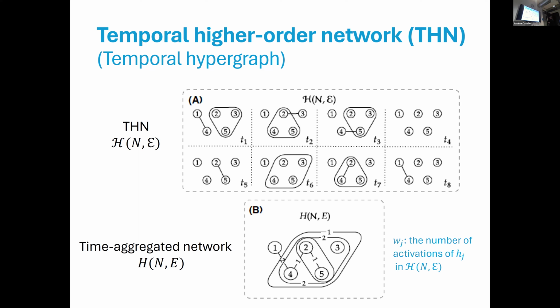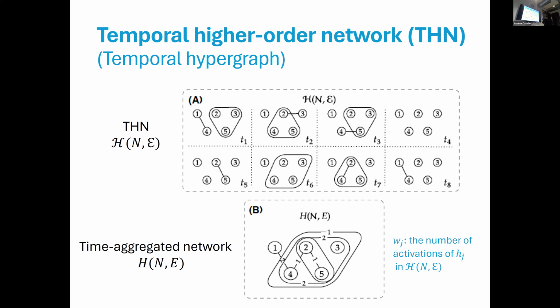For any given temporal high-order network, we can have a time aggregate network, which is a weighted hypergraph. We can obtain it by aggregating the original temporal high-order network along the time dimension.